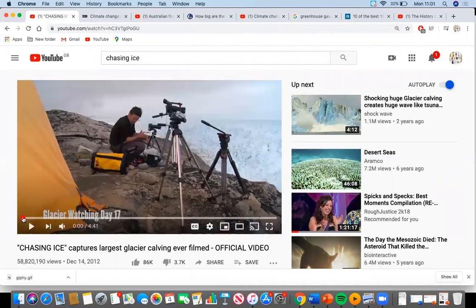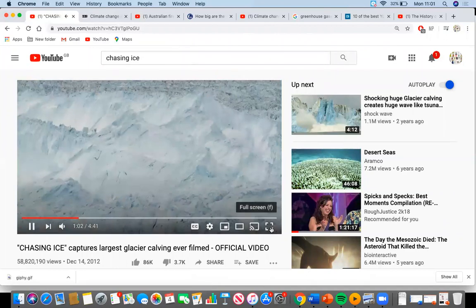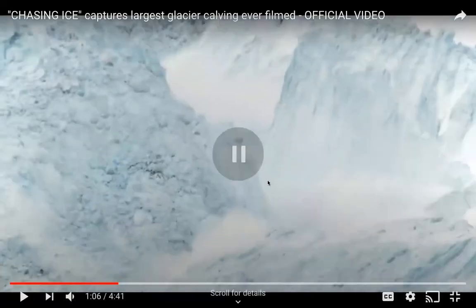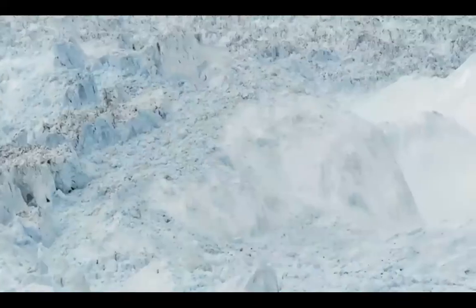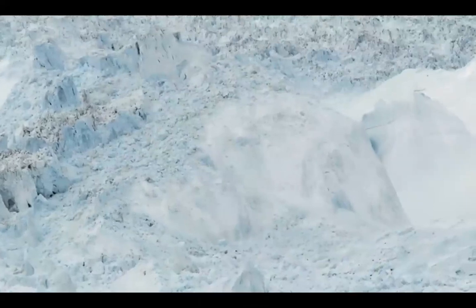So yeah, and we're just going to fast forward a bit. Okay, so just watch. So this is pretty scary. So this is ice falling into the ocean as the big chunk of glacier breaks off the main glacier.